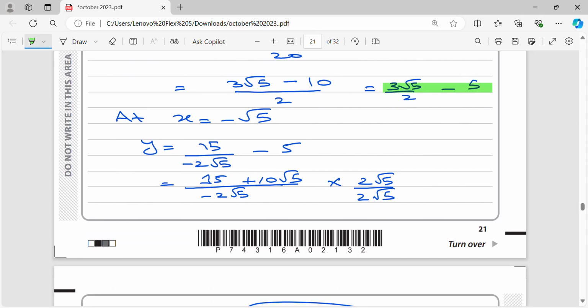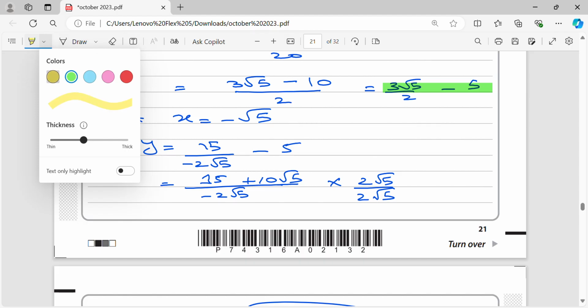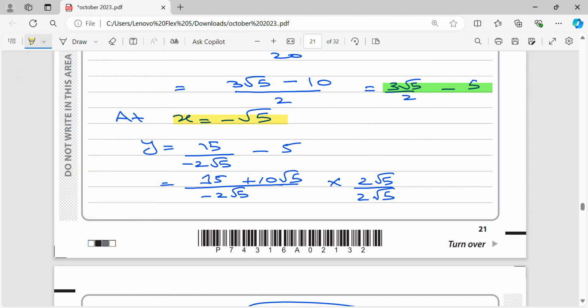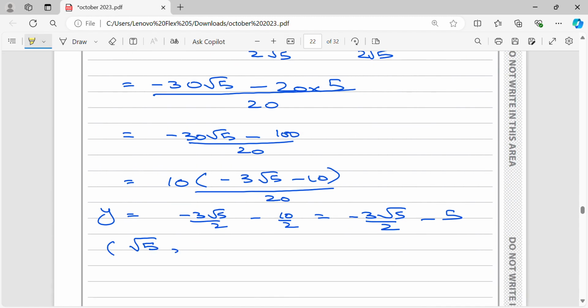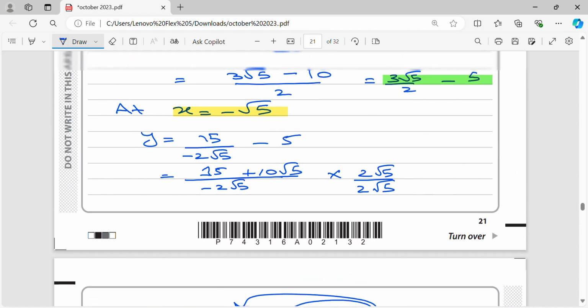And at x equals to negative root 5, I got this negative 3 root 5 over 2 minus 5. So let's write down. And at negative root 5, I got minus 3 root 5 over 2 minus 5. Right? Okay.